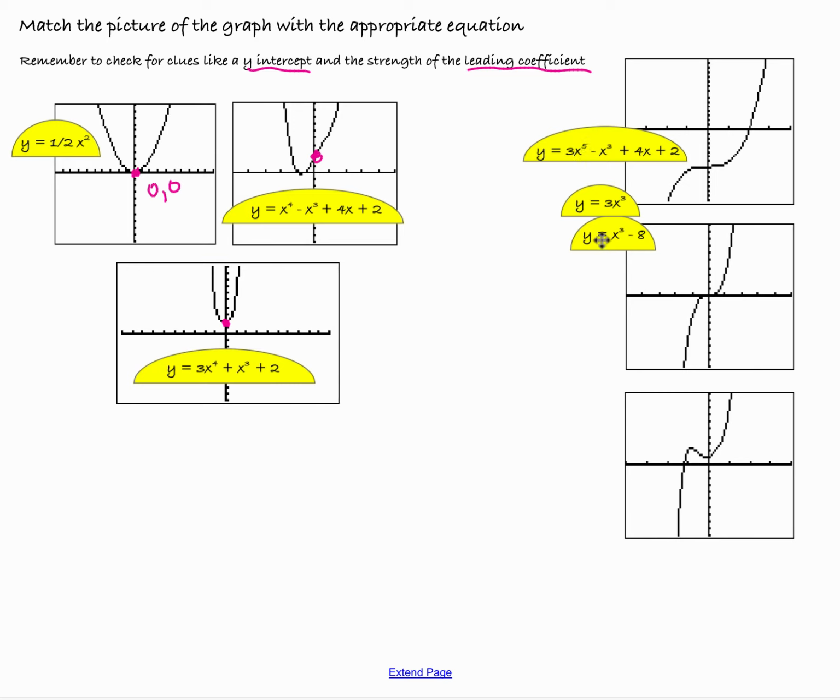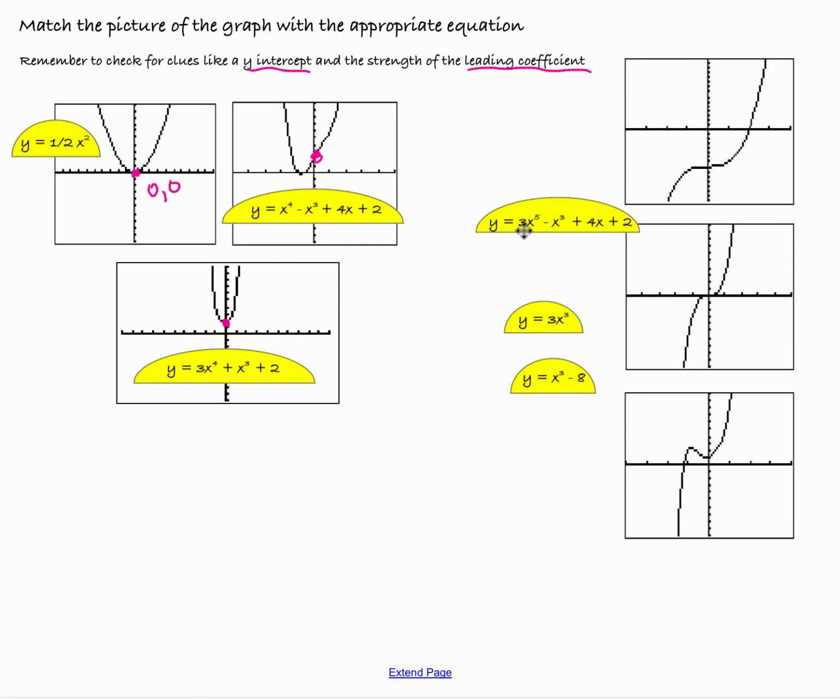All right, so for this one, I got x cubed, x cubed, x to the 5th. They're all highest degree of odds, and yes, one tail up, one tail down. No leading negatives, but let's again look for those y-intercepts. Okay, so this has a y-intercept of 2. This has a y-intercept of -8.